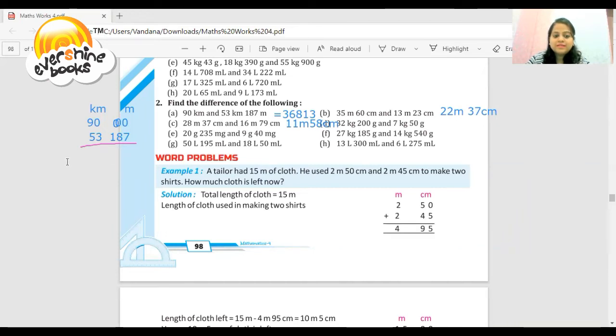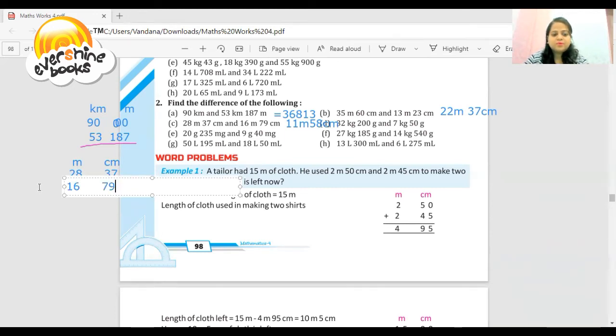So you have to write like this, meter and then centimeter. So then you have to write 28 here as it is in meter form, and then here you have to write 37 centimeter, then 16, then 79.